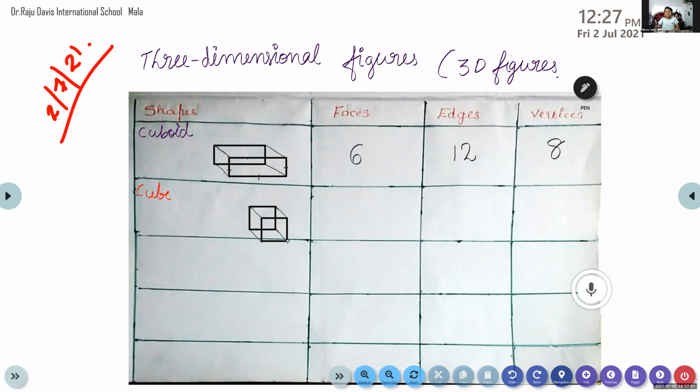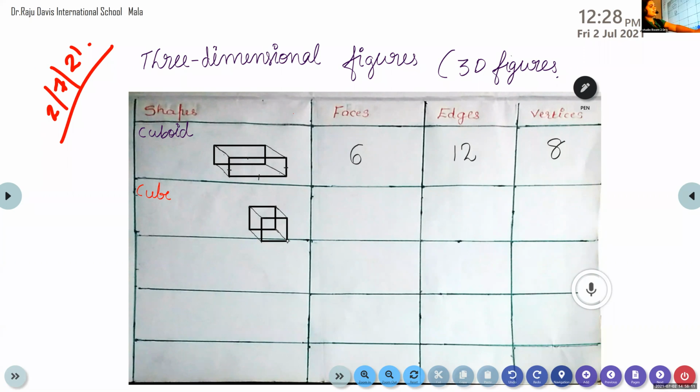Yes, correct. We will discuss that. Now you draw the cube.